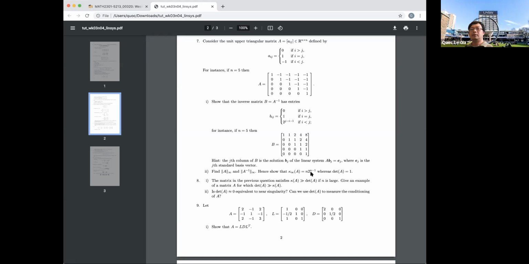What is the simplest matrix you can think of? Well, it should be a non-zero matrix, right? Because if it's zero, then the determinant is zero.